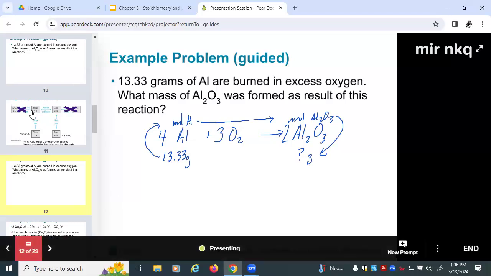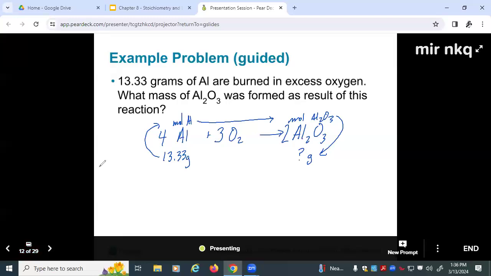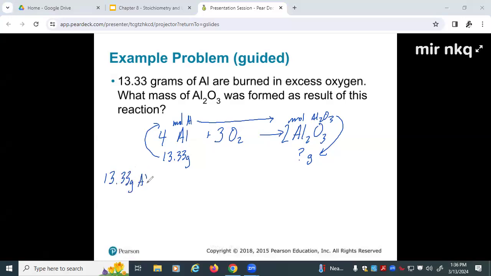So my first conversion would be to turn the 13.33 grams of aluminum into moles. Grams of aluminum need to be turned into moles of aluminum. How do I turn grams into moles? What do I need? Molar mass. Where do I get molar masses?